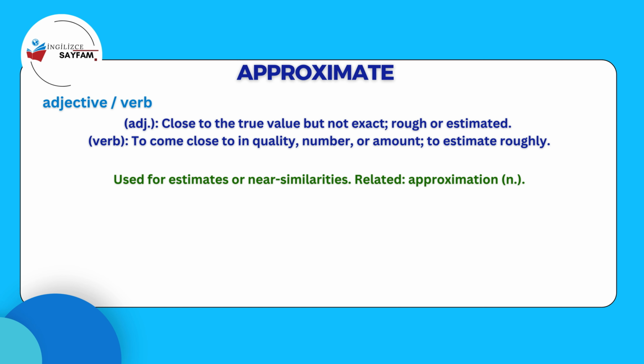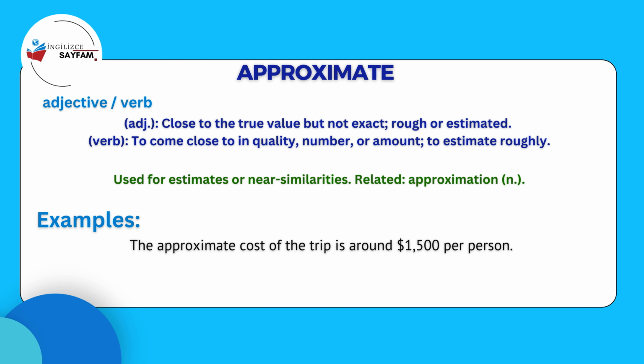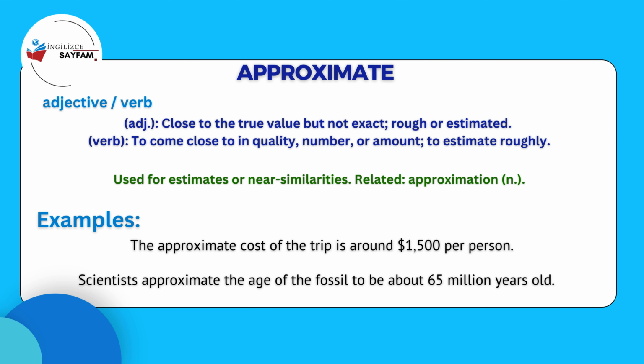Used for estimates or near similarities. Related to approximation, noun. Example: the approximate cost of the trip is around $1,500 per person. Or, scientists approximate the age of the fossil to be about 65 million years old.